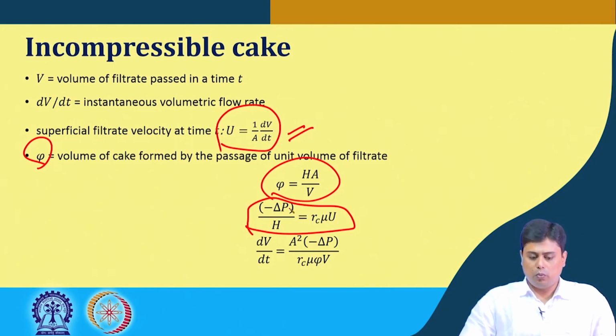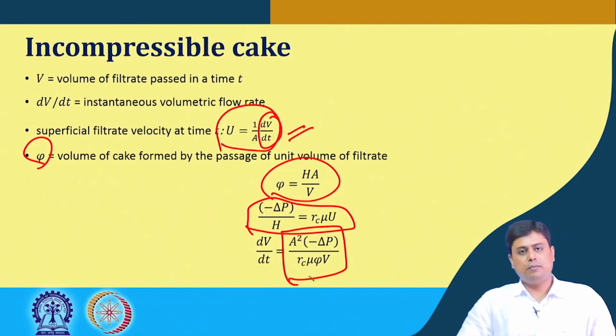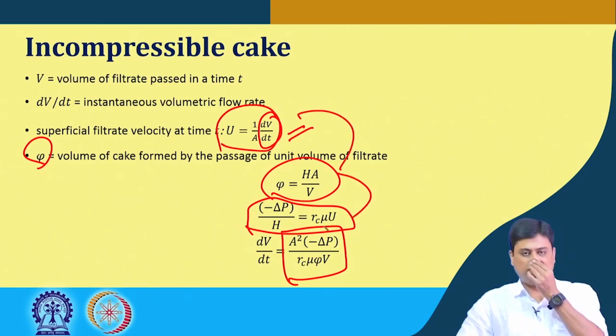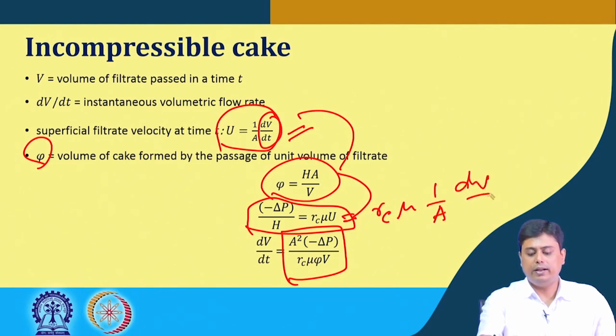So, which means now we can have this dV/dt value as this one if we link all the three expressions. Because del P by del H is equal to this value, which is Rc mu 1/A dV/dt.